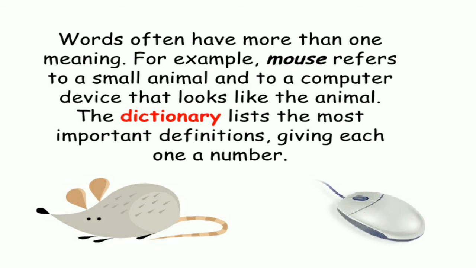For example, mouse refers to a small animal and to a computer device. So that looks like the animal.